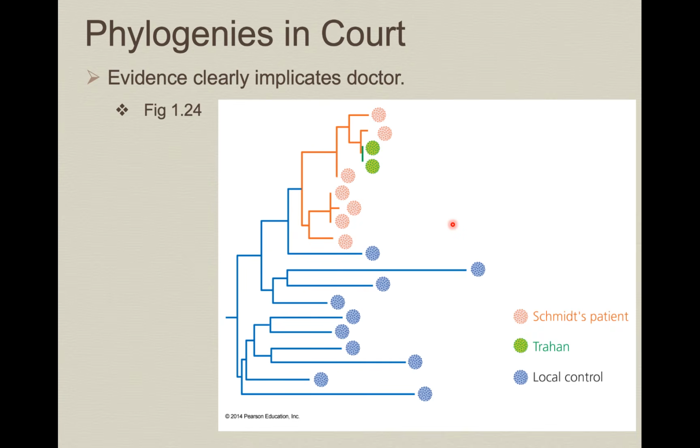So this was strong evidence that he actually did take a vial of tainted blood from one of his patients, which happened to be the patient at the base of this part of the clade. That was the patient that he had seen that day and taken a blood draw, and that's the same day that he gave Trahan a shot, which he said was a B12 shot, but it was tainted with his HIV blood. And so he was convicted.